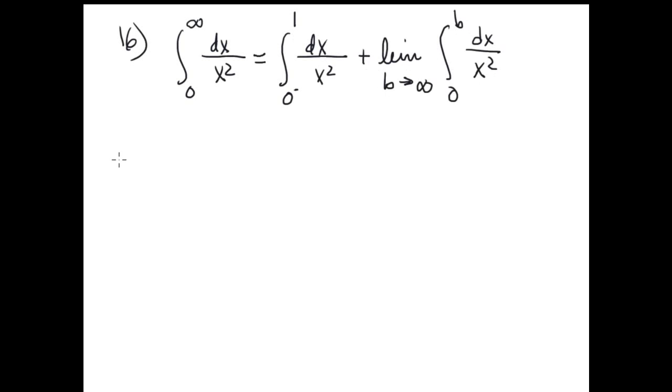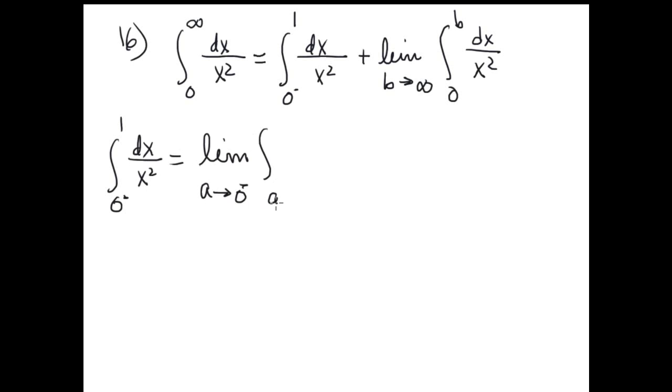The first one is the integral from 0 minus to 1 dx over x squared, equal to the limit when a approaches 0 minus of the integral from a to 1 dx over x squared. The antiderivative is minus 1 over x, evaluated between a and 1.